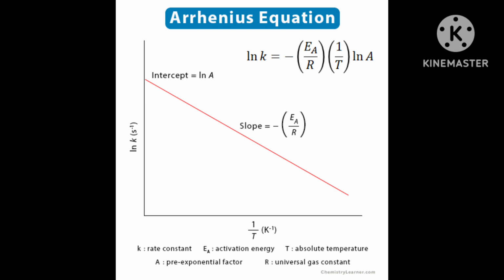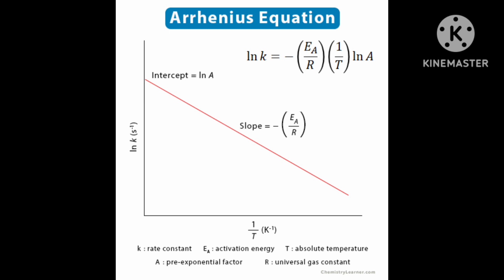If you draw the graph of ln k versus 1 upon T, you will get two things. First, you get the ln A value.